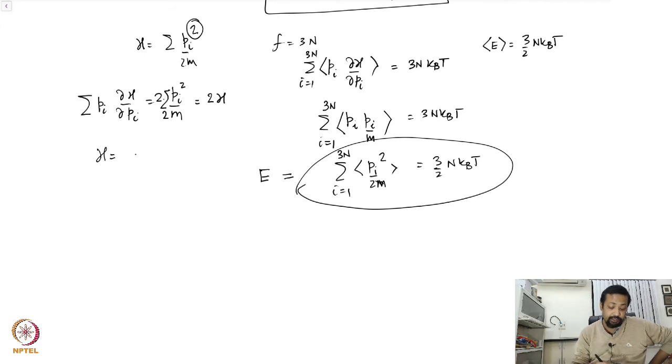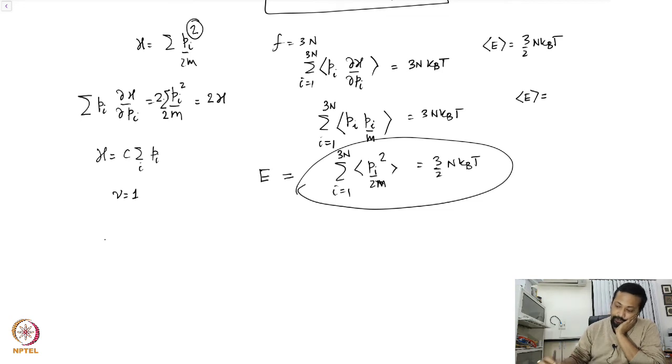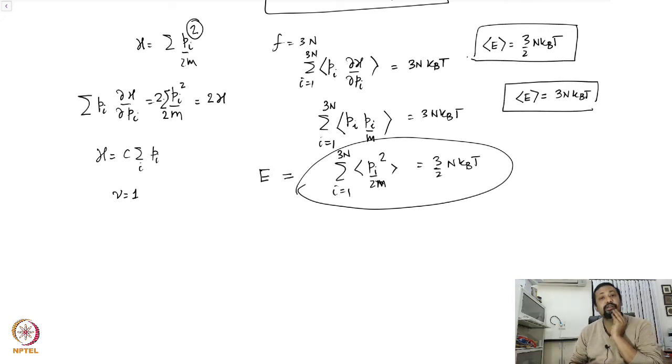If I had h as sum over i of c pi, then your nu is equal to 1. It's a homogeneous function of degree 1, and the average energy is going to be 3n kBT. The result that we derived so laboriously a little earlier.